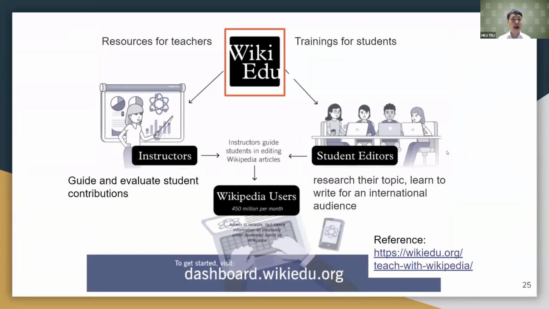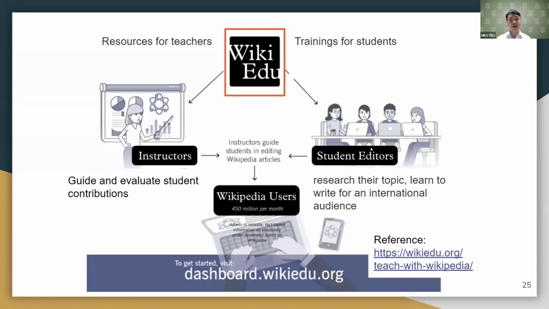And here is the ecosystem. You can see the teachers ask students to write Wikipedia articles. Students act as editors to research the topic, write something, and think about the writing, which should be understandable by an international audience.